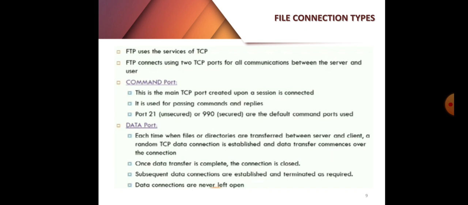This is the port created from the client side before sending the request. Before transferring the file, the FTP client opens a connection to the FTP control port, that is 21. So through the control port 21, the control information will be sent.